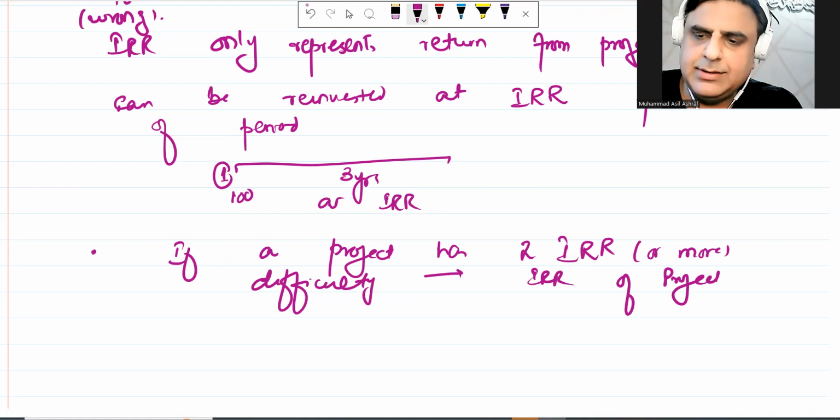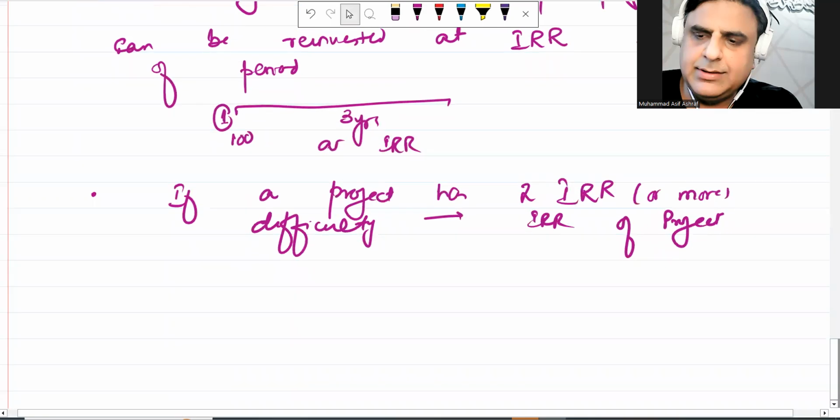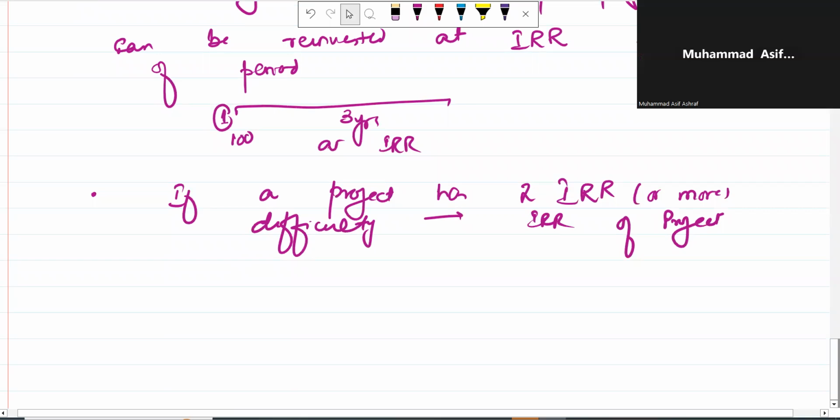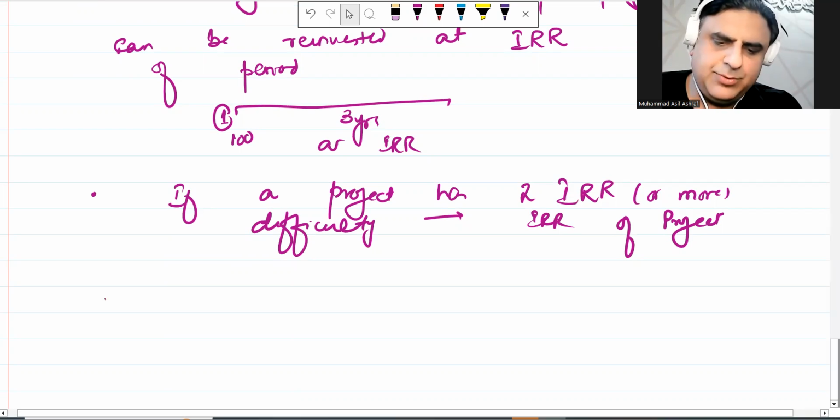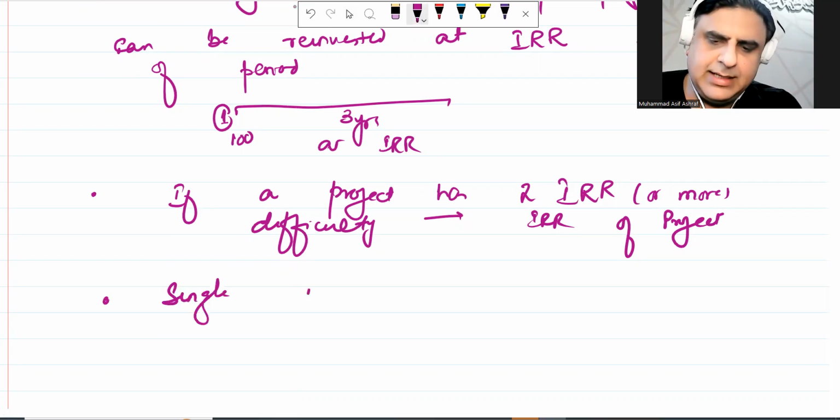This is the case when you have multiple investments. IRR is best suitable for single project appraisal. If you have a single project, go for IRR.